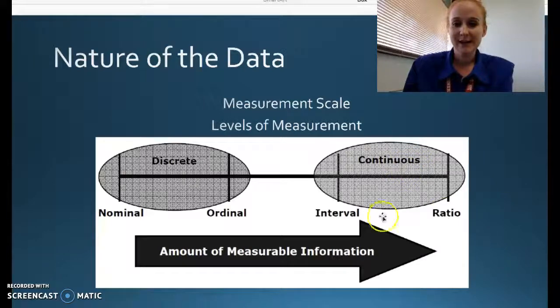The data that have an unlimited number of choices are more numerical, so those are interval and ratio. So again, discrete: these choices and these choices only, nominal or ordinal. Continuous: I can take on any real number, interval or ratio. We'll see some more examples in just a minute.